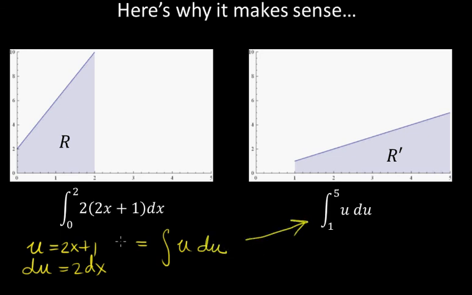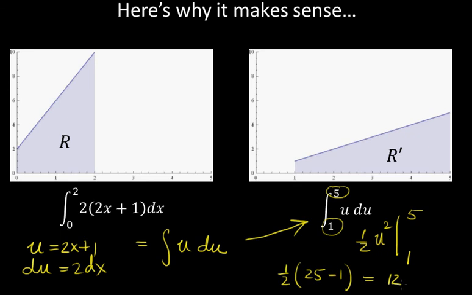It's this right here. And notice if x is equal to 0, u is equal to 1. And if x is equal to 2, u is equal to 5. So we get our new limits of integration in terms of u. And we would integrate here, and we'd have 1/2 u squared evaluated between 5 and 1. So we have 1/2 times 25 minus 1 gives us signed area of 12.